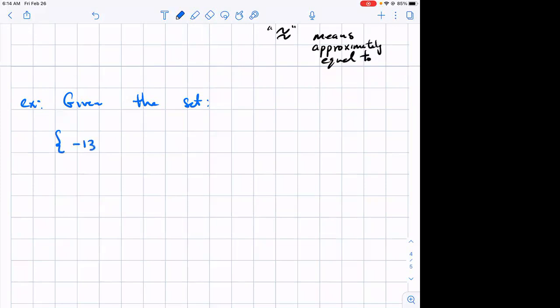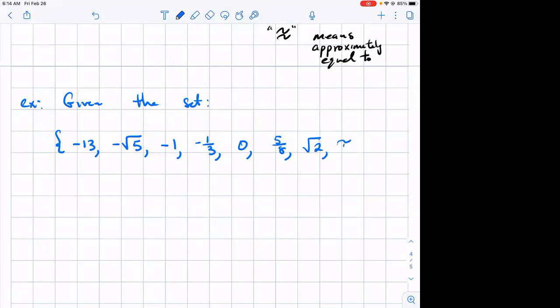So we have negative 13, negative square root of 5, negative 1, negative 1/3, 0, 5/8, root 2.